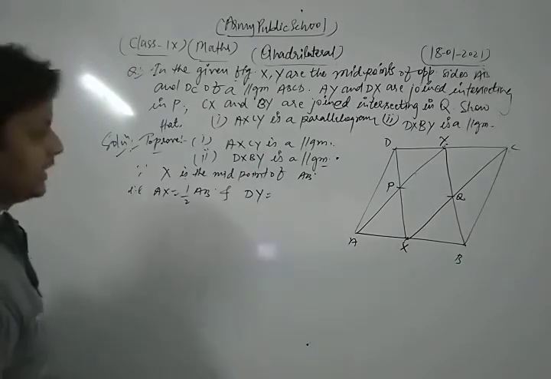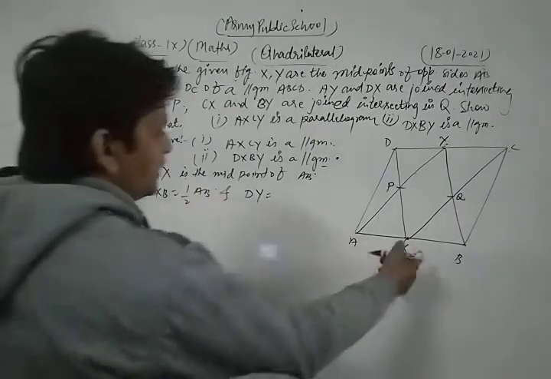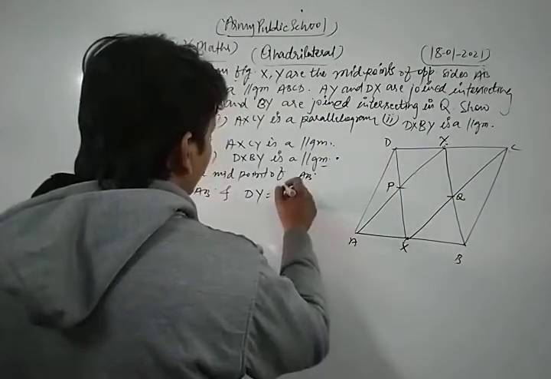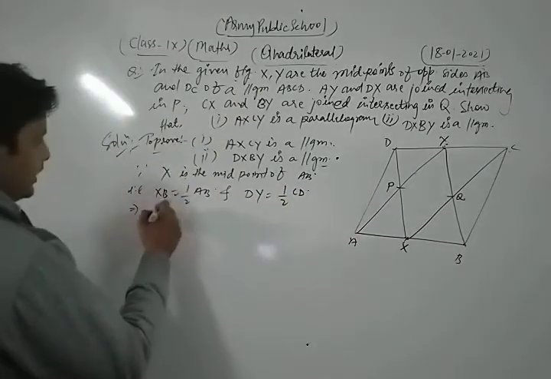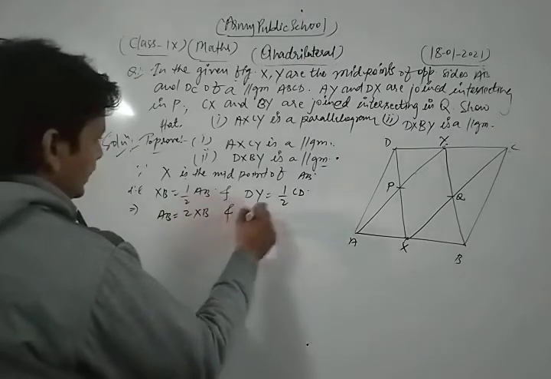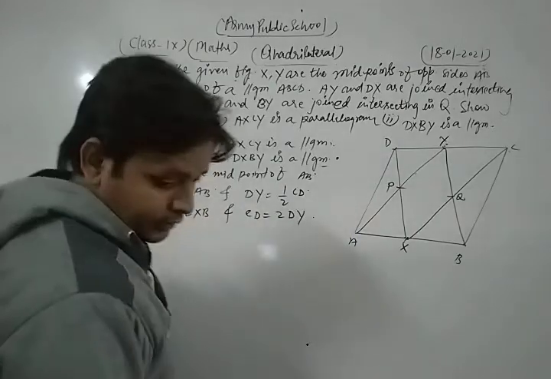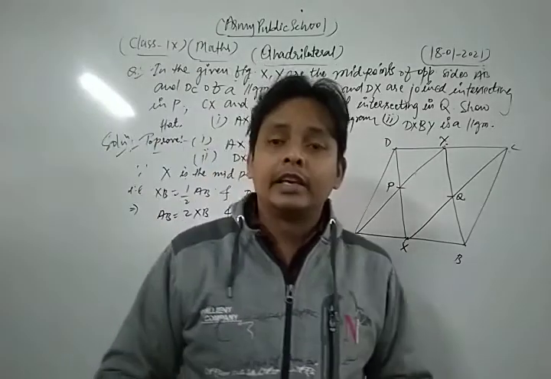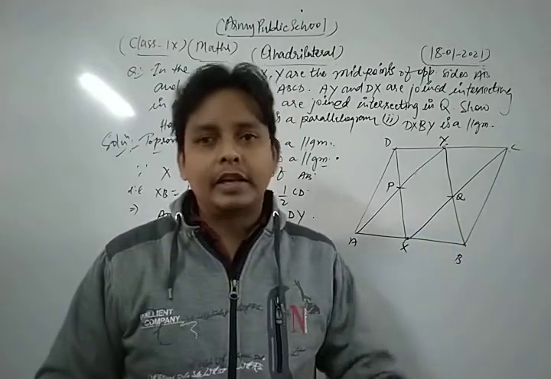Here XB is equal to this, and DY is equal to half of CD. Thus we get AB is equal to 2 times XB, and CD is equal to 2 times DY. But dear students, we also know that in a parallelogram opposite sides are equal and parallel.